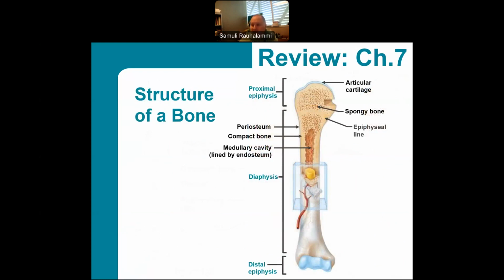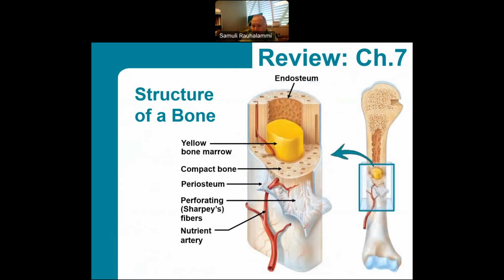We see the epiphyseal plate or epiphyseal line, the site where the length growth of the bone has taken place. The periosteum is a connective tissue layer around the bone, and then the bone cavity, where we see a lot more structures. We'll see, for example, our bone marrow there.